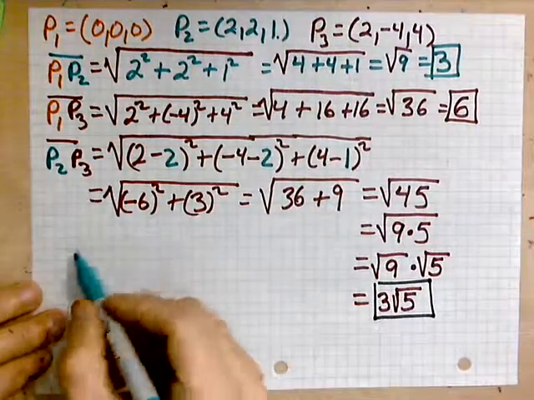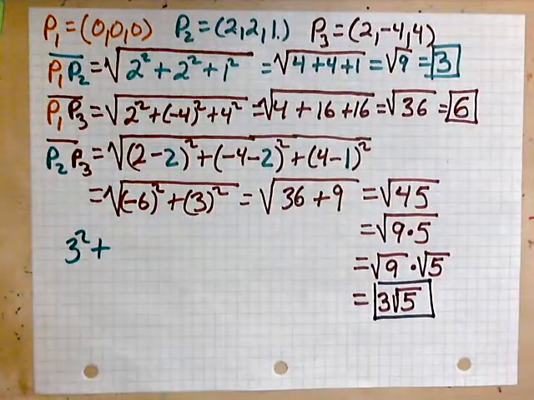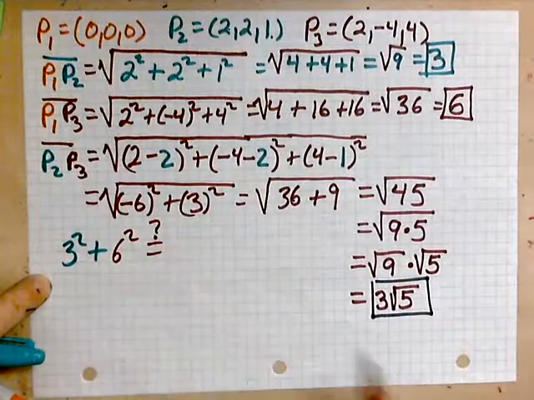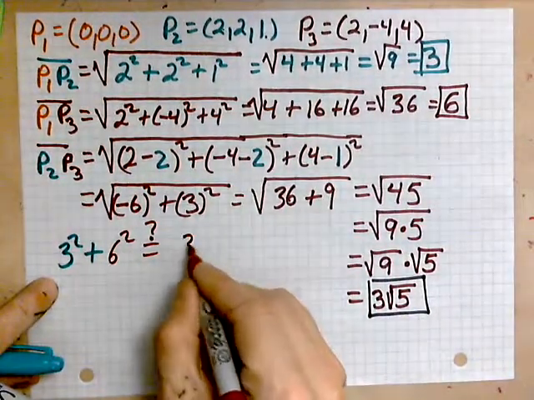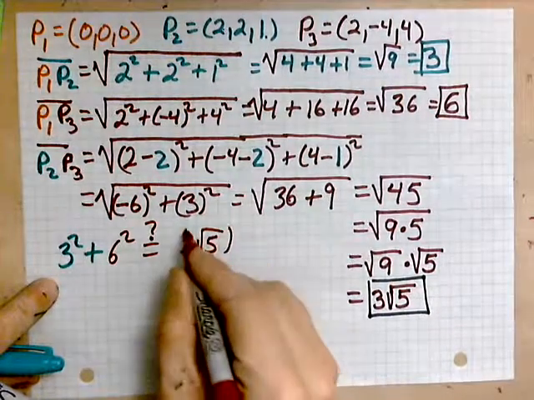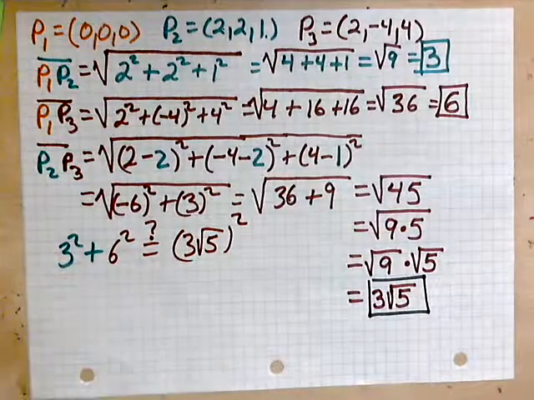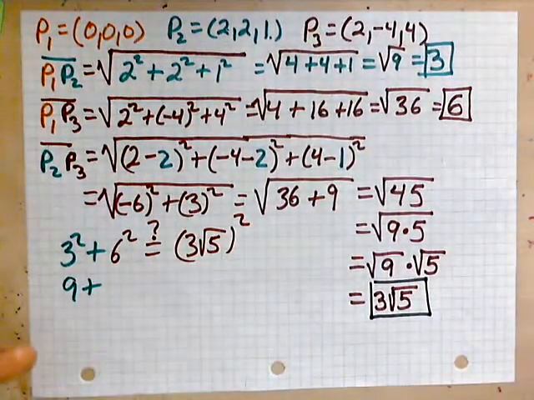So let's apply our understanding as follows. 3 squared plus 6 squared. Does this equal now 3 times the root of 5, squared? We have to check whether this is a true statement. Well, the first one is 9, and to it we will add 36.